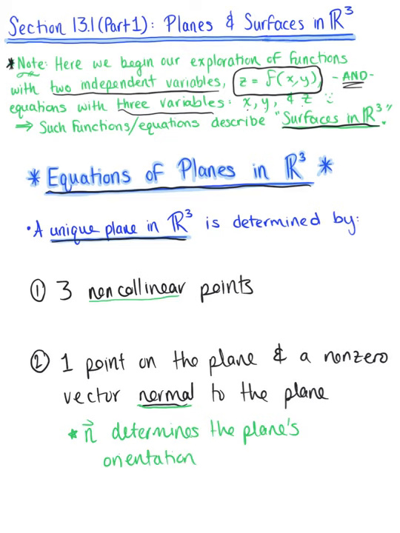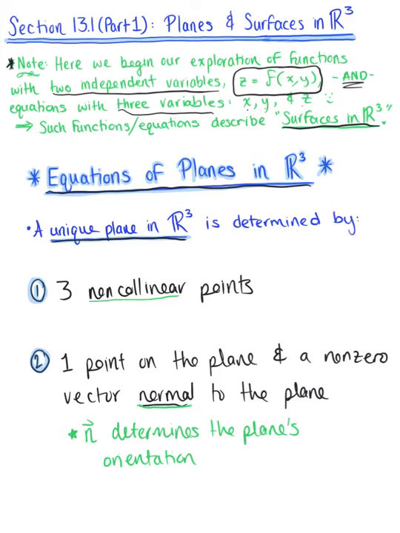So these are 2 methods in which we can determine a unique plane in R3. We can again use either 3 non-collinear points, or we can use 1 point that's on the plane and a non-zero vector that is normal to the plane.